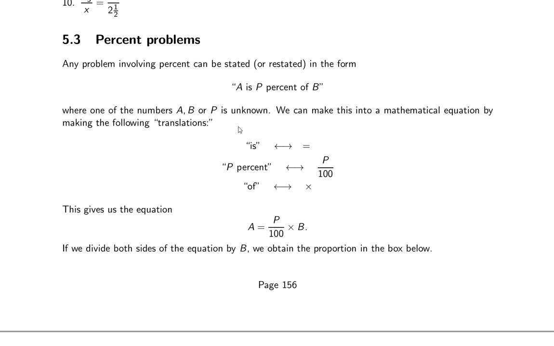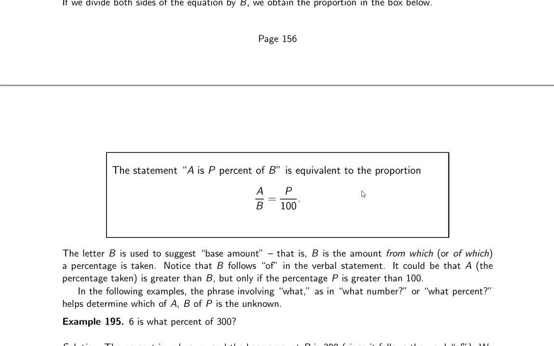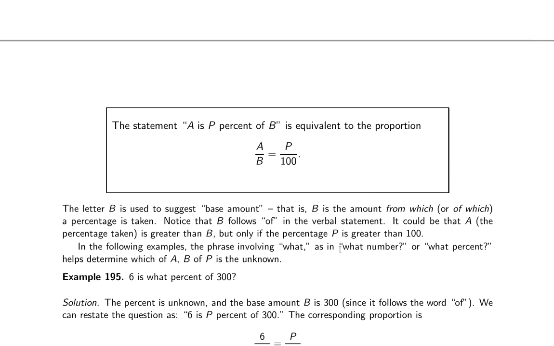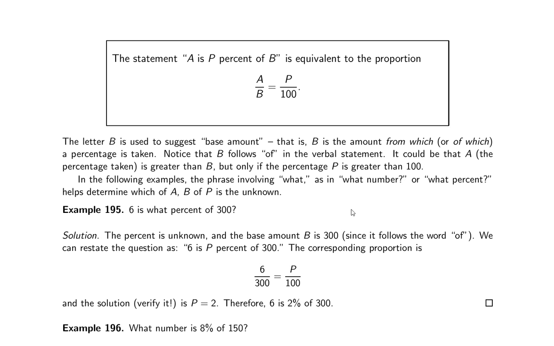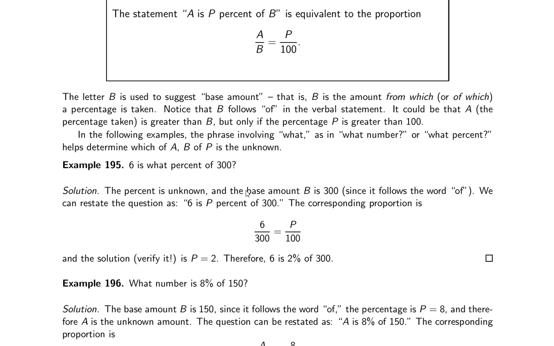All right, let's see. Exactly the same in the book. a is p% of b, and that gets converted to a over b equals p over 100. And b is the base, and a is a part of the base. Another example here. 6 is what percent of 300? a is 6, p is missing, b is 300.